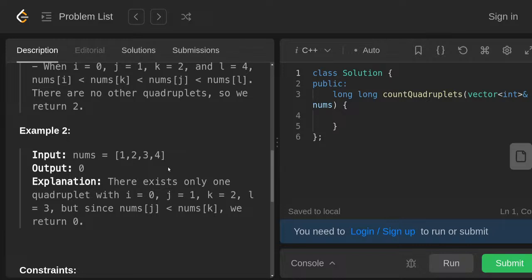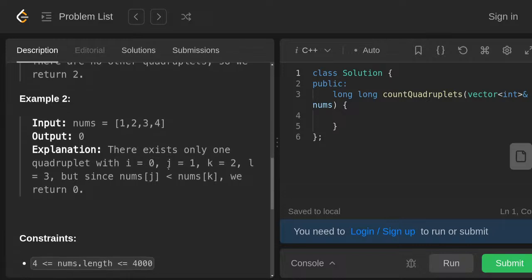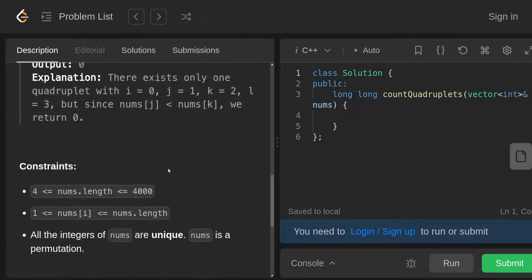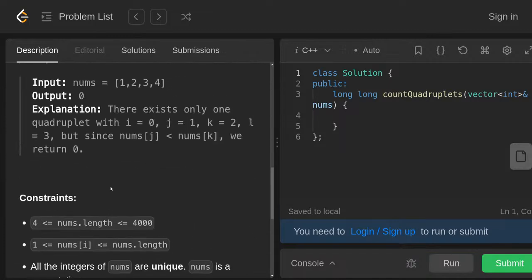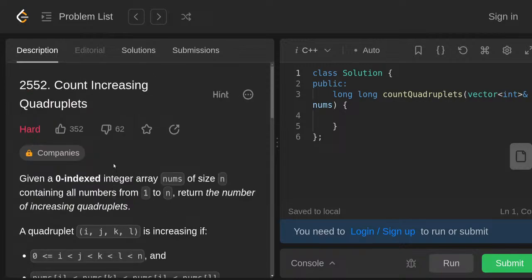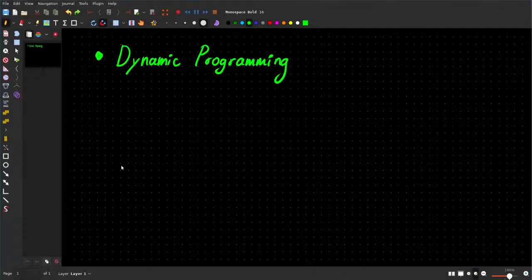We will optimize this to the fullest and not just try to get accepted. Fine. Okay, the question is fairly straightforward. Let's move on.